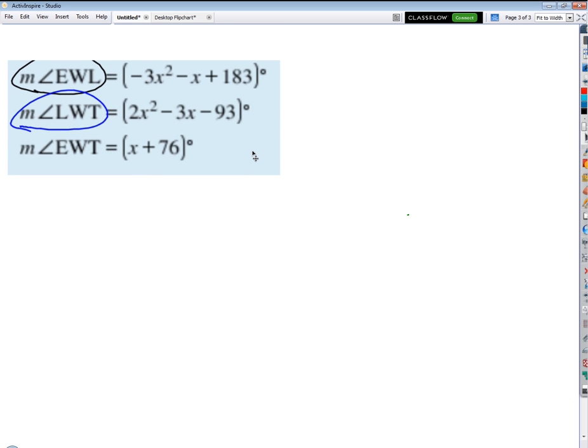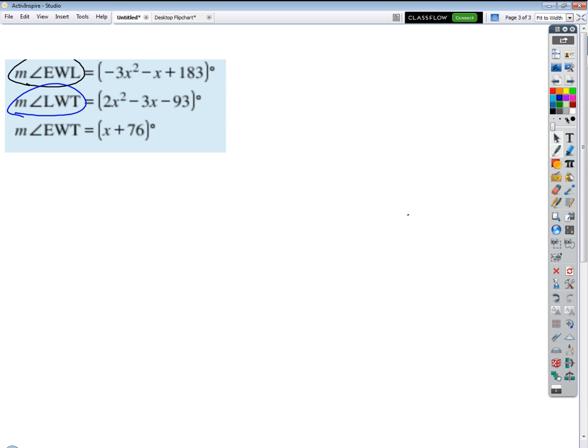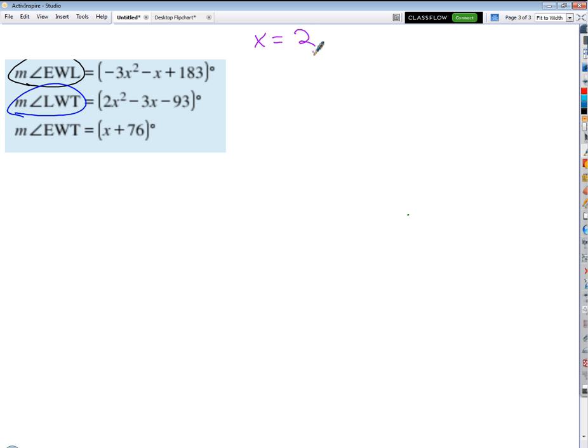Now, if I pick x equals positive 2, what am I going to get? Well, this one's going to be, would you agree, if I plug that in, negative 3 times, instead of an x, I'm going to have a 2, right? Negative 3 times 2 squared minus 2 plus 183.